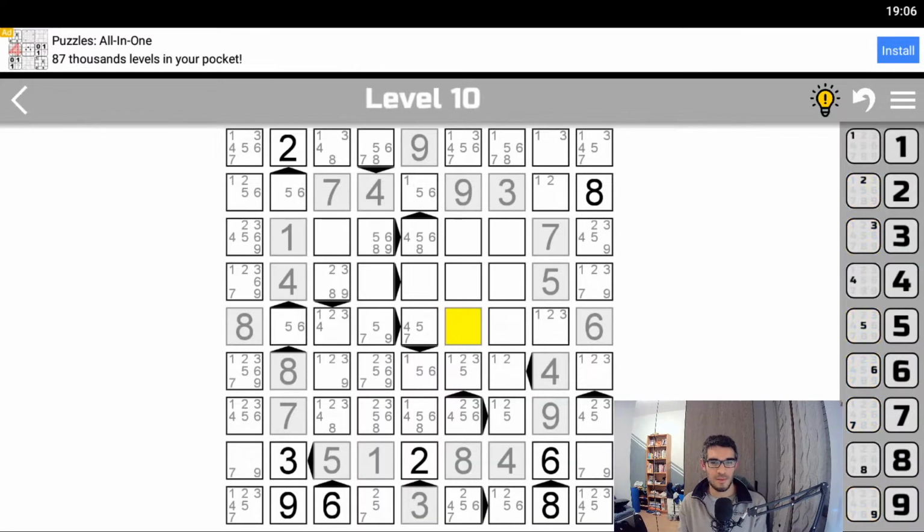I can't place anything for sure. 6, 8, 9. Oh, 3, 4, 9. Okay. 3, 4, and 8, 6, 8. Oh, I still had this one to complete. 4 and 1, I already removed them. Here, 9, 2, and 3.